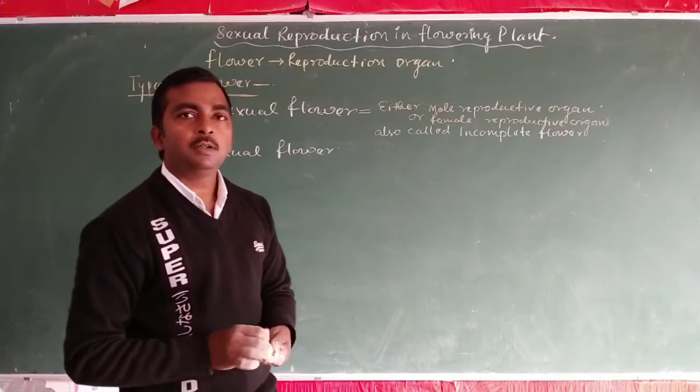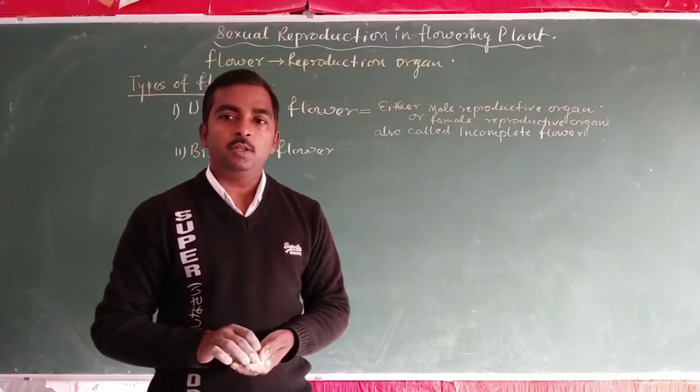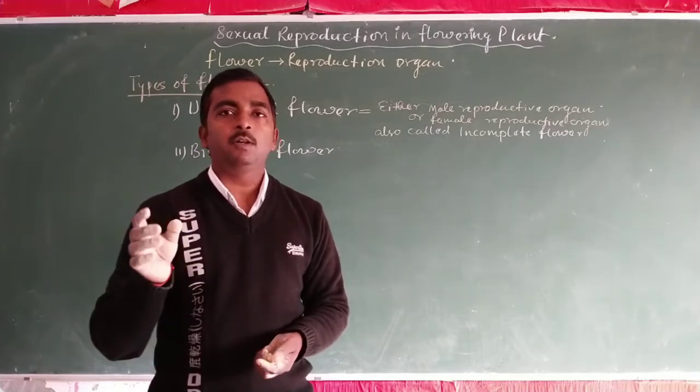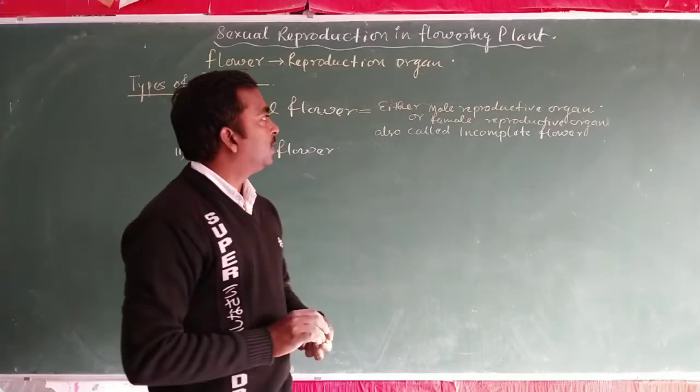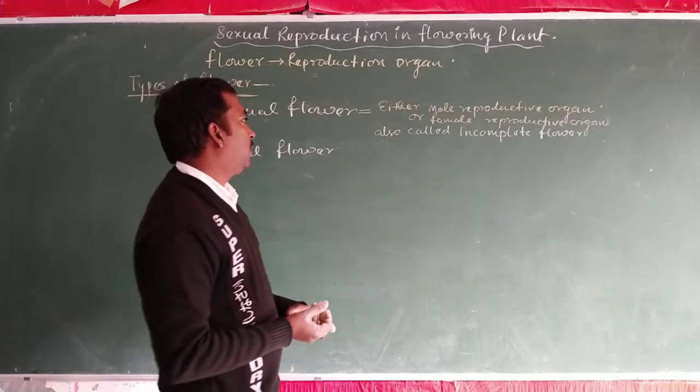There are four whorls in a complete flower. So if any one is absent in a flower, that flower is called incomplete flower.